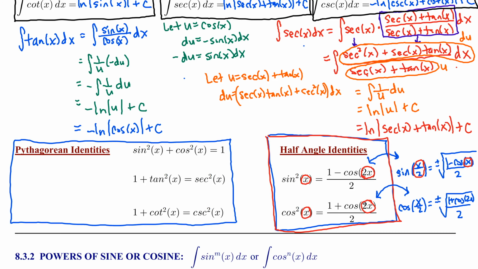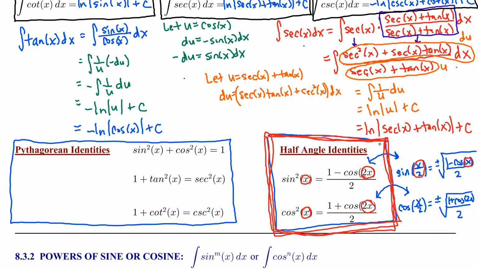But once again, let me emphasize, the way that we will be applying these half-angle identities is in the format that you see listed here on your notes. Now, if you're totally rusty and you can't remember the half-angle identities from trig, no big deal. You can go ahead and memorize them in this format.